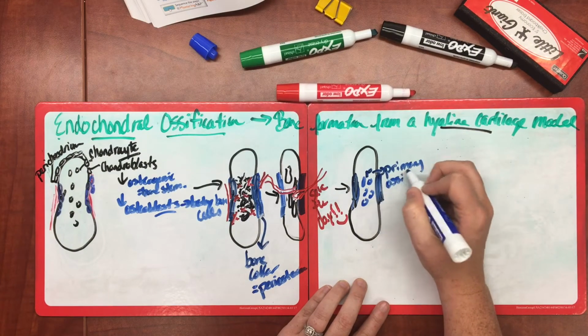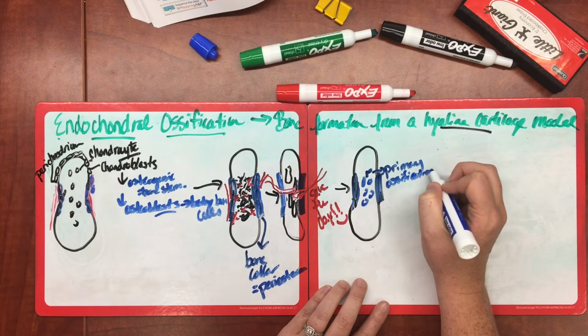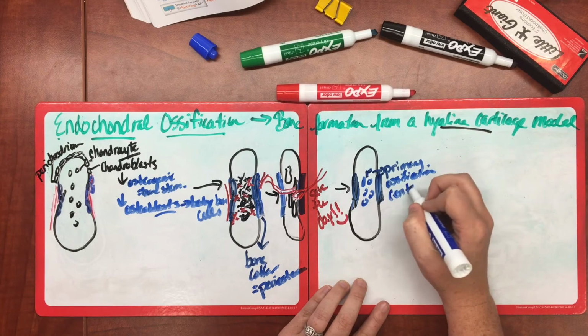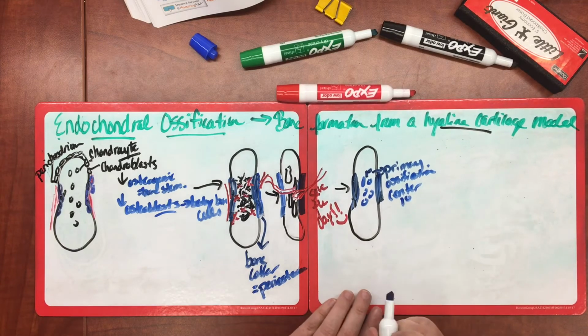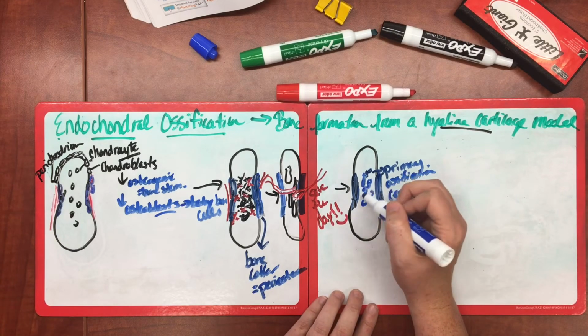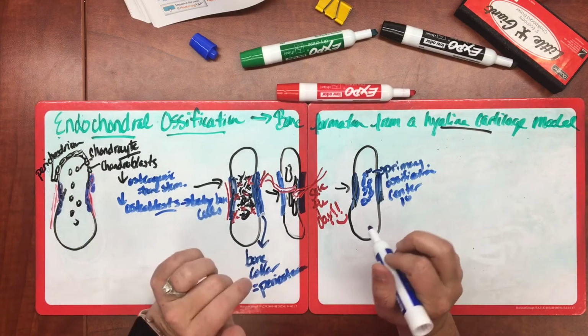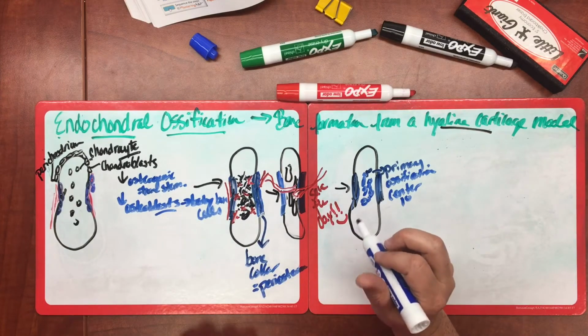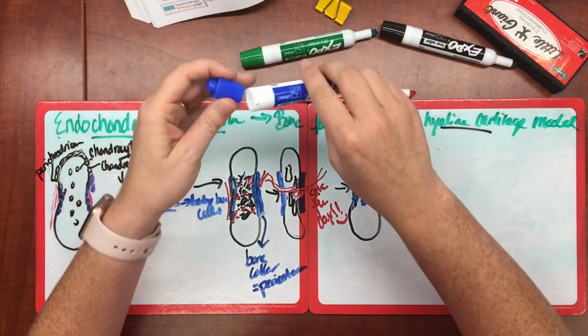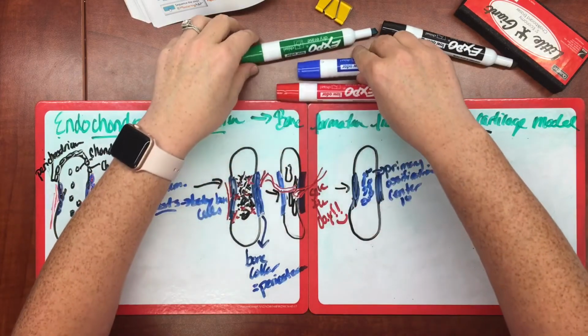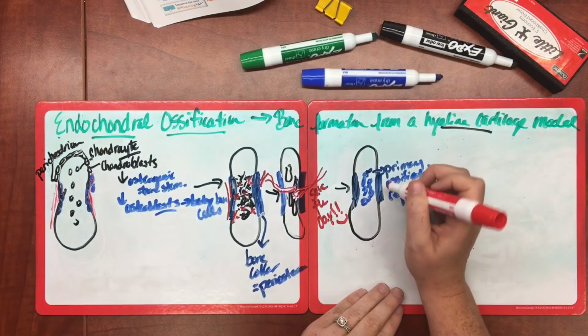Primary ossification center. This is our denotation for primary. So everything's going good here. It's forming an initial layout of spongy bone, just kind of our framework for what we're going to have.